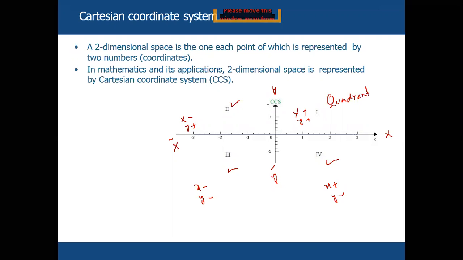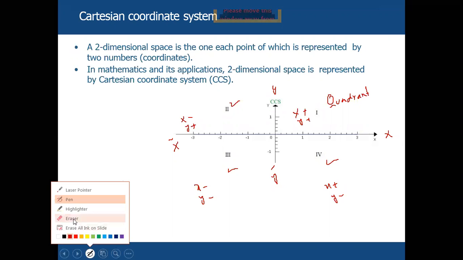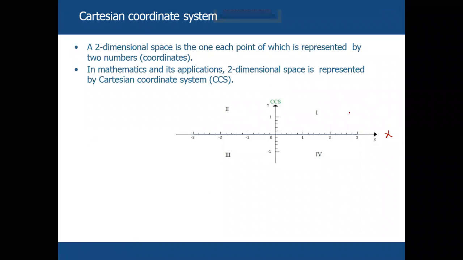For example, let's suppose we have a point here. How can you specify this point? Let's suppose it is point number 1. You need to find how far this point is on the x-axis. Let's suppose it is 2 units away on the x-axis. How far is it on the y-axis?